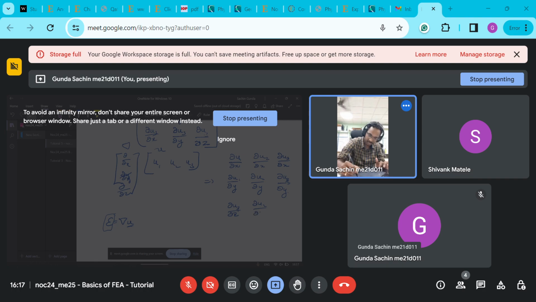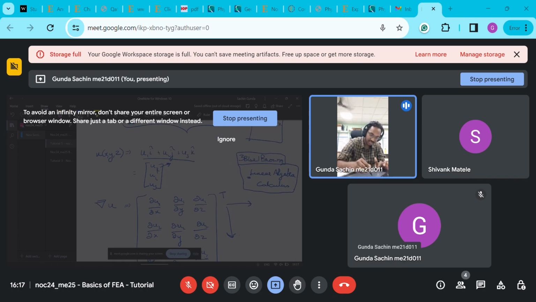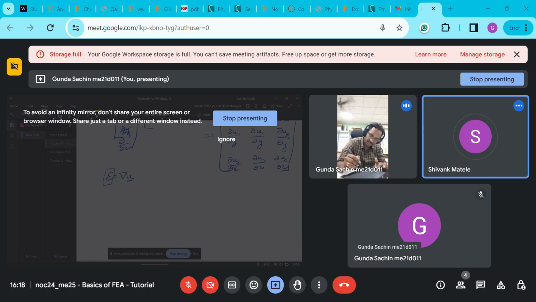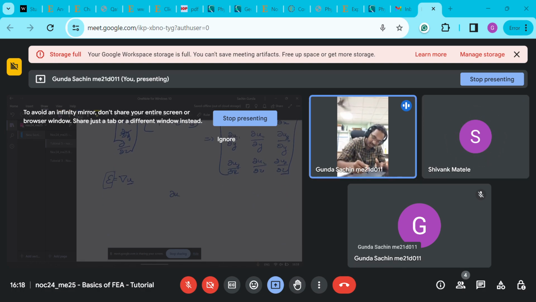Even if you want to write it in this index notation, actually what happens is all these matrix terms, if you write it as ∂u1/∂x, i cross i plus something like that, this gives the order as second order.